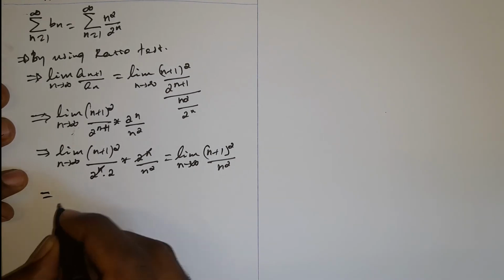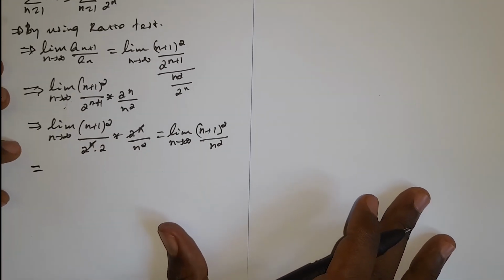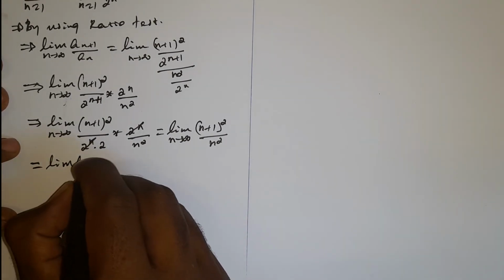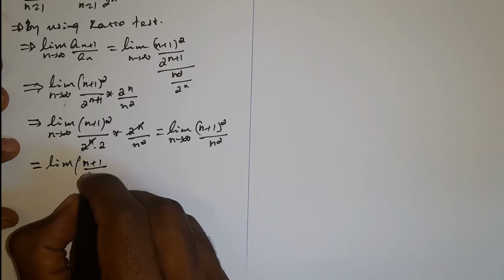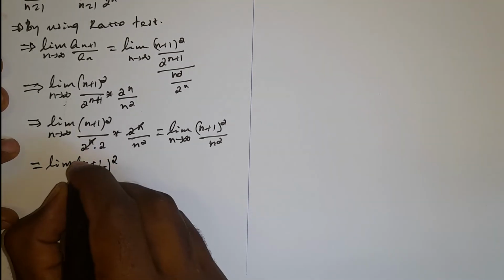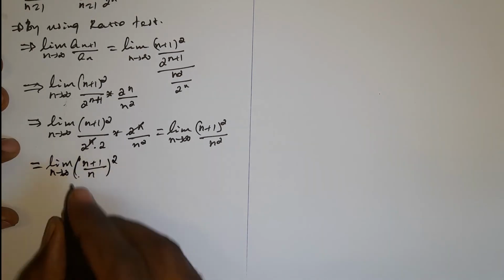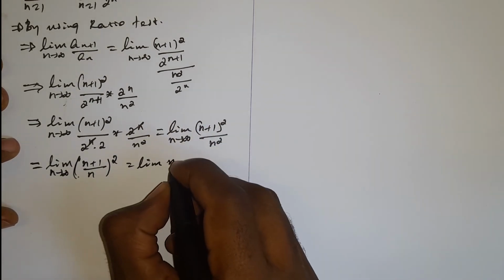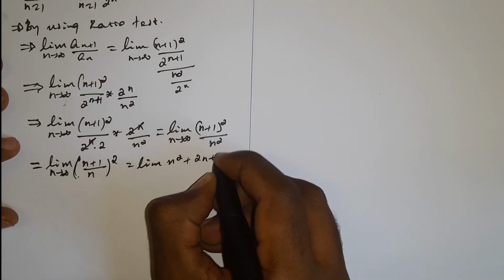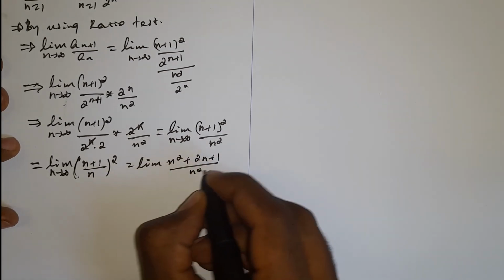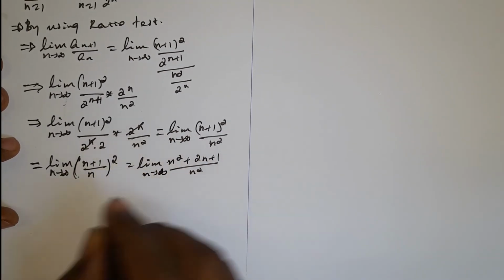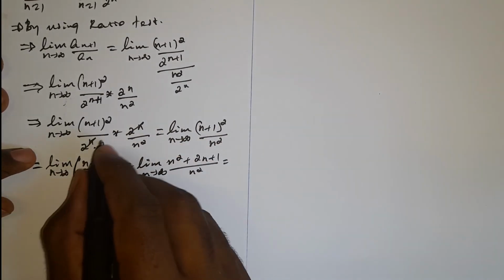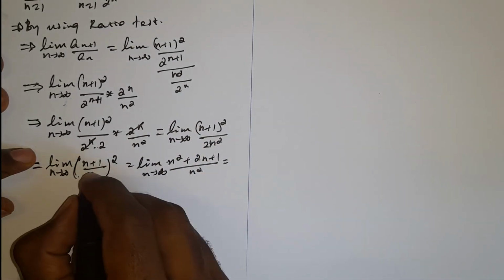This equals the limit of (n square plus 2n plus 1) over 2n square as n goes to infinity.